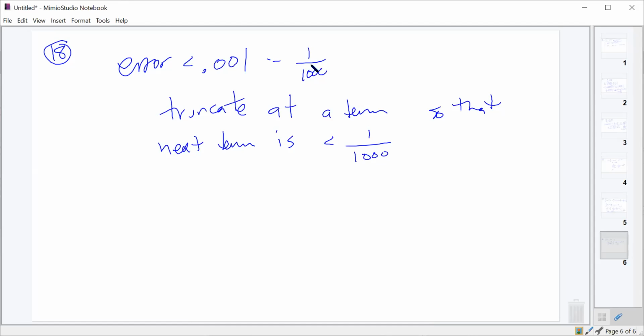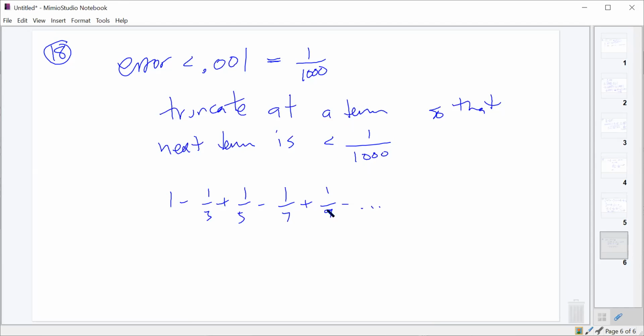That's 1/1000. And so if we think about that series that they give us for inverse tangent, say it's 1 minus 1/3 plus and so on. Here's our first term, here's our second term, our third term, our fourth term, our fifth term. Well, how many terms is it going to take for us to get to something that is just slightly less than 1 over 1,000?